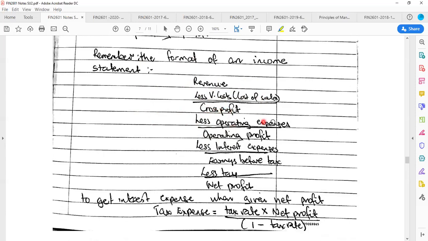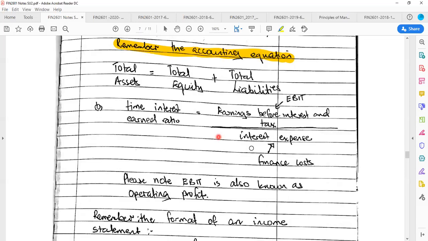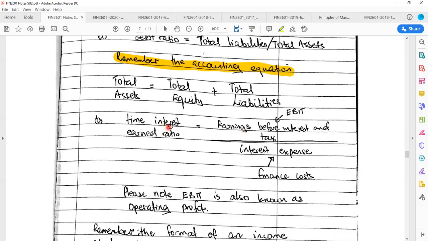Then we subtract our operating expenses, and we get the operating profit. Then we subtract our interest expenses, and we get the earnings before tax. Then we subtract tax, and we get net profit. So this is the basic format of an income statement. You might need to use it when you're answering questions on the times interest earned ratio.